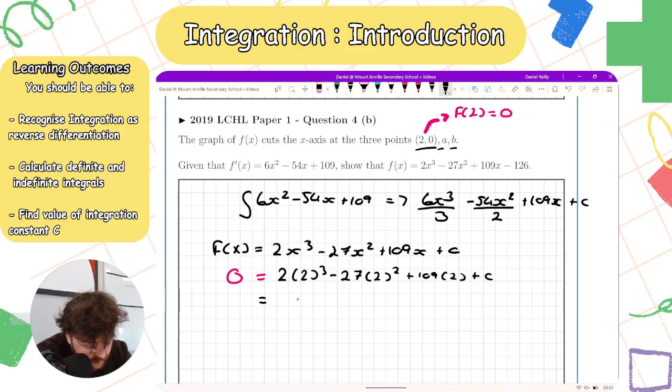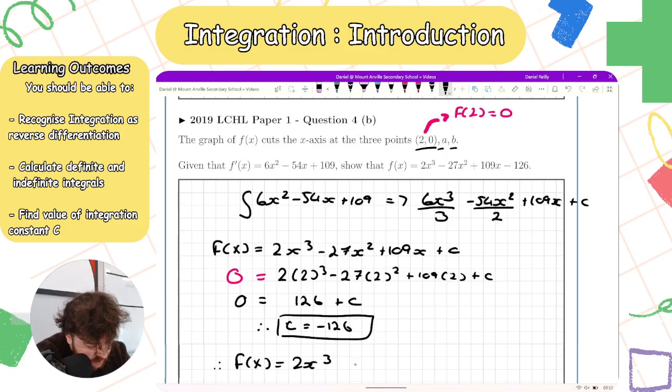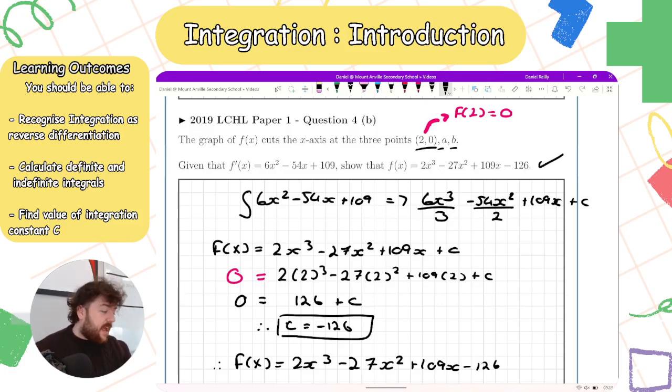This all will be equal to positive 126 plus c equals 0. Therefore, c equals minus 126. So therefore, f of x equals 2x cubed minus 27x squared plus 109x minus 126. And that was what I was asked to prove there.